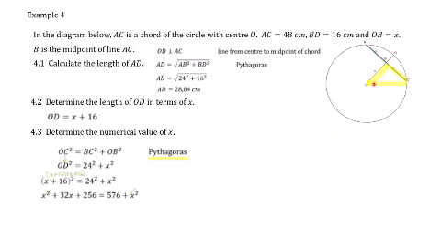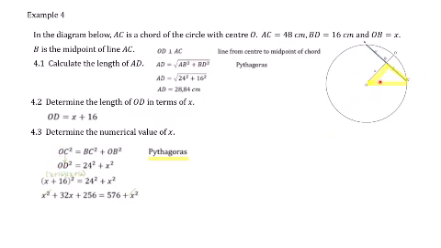OD and OC are the radii, so OC and OD are equal. Because we are going to find the value in terms of x, and we are looking at this triangle, OC wasn't given, right? Because OD was given in the question, instead of OC we are going to replace OC with OD because they both are radii and they are equal.